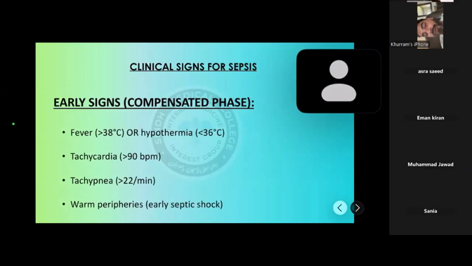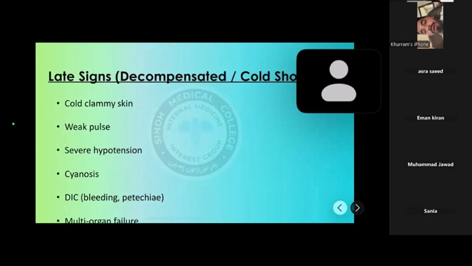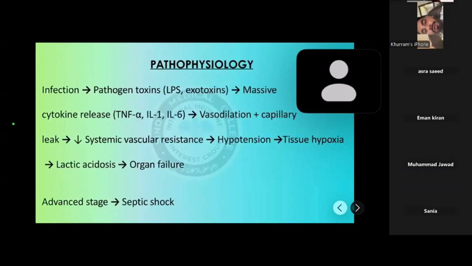For first year and second year students, tachypnea is an increased number of respirations per minute. If a person is doing inspiration and expiration more than 22 times per minute, that is considered tachypnea. So that is also one of the signs of sepsis.